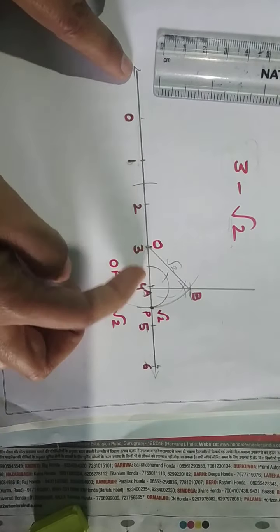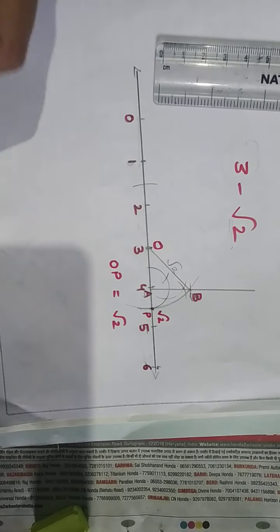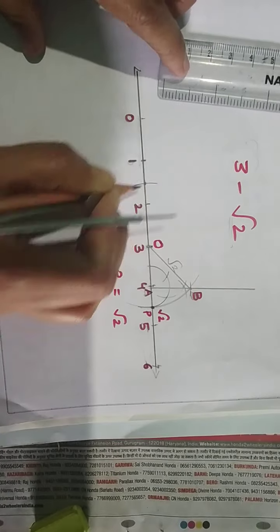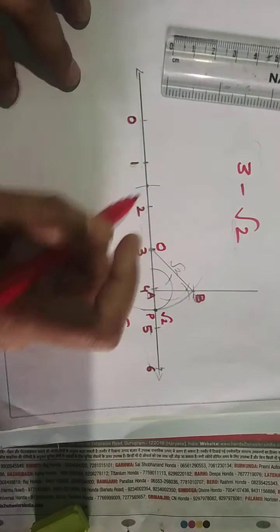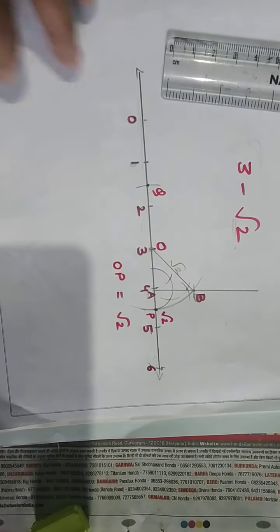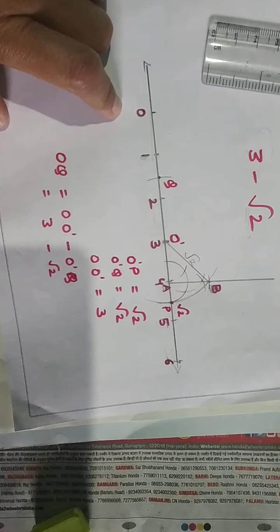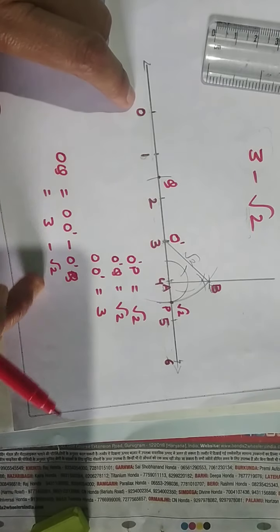So after 3 we have to subtract under root 2 length. Okay, so this point where this arc is cut, you can name this point as Q or P dash, anything. I am writing it as Q, this point. Okay, so here OQ is equal to 3 minus under root 2.